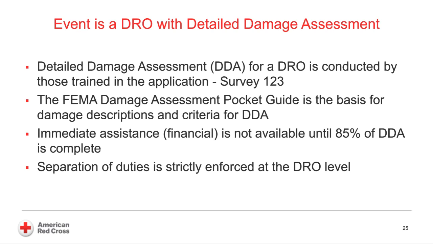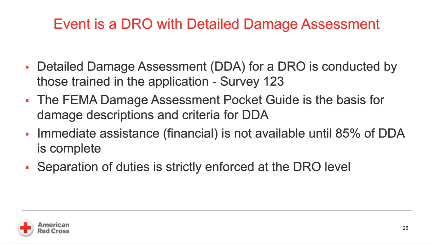The other thing that happens when we move to a DRO and start to do mass care, and move to detailed damage assessment from a DRO perspective, from that DAT perspective, is that we're not issuing that immediate financial assistance to our clients. And we won't do that until 85% of the detailed damage assessment is complete for the particular event.